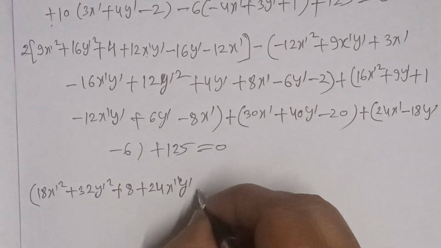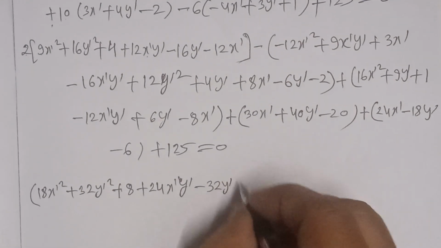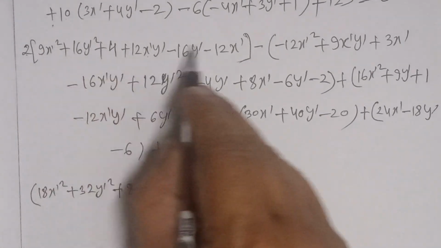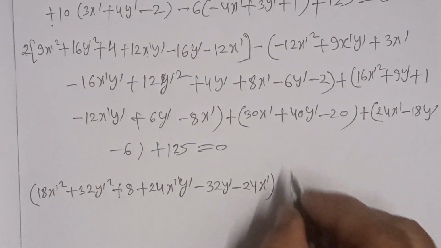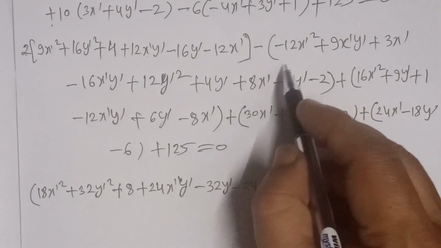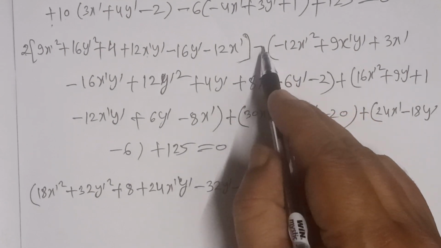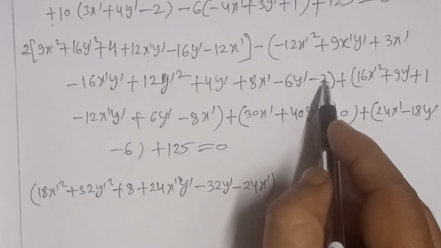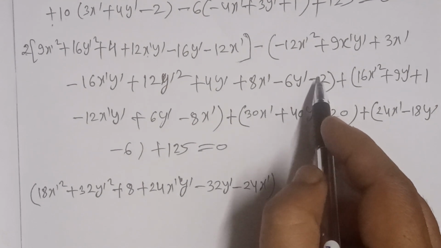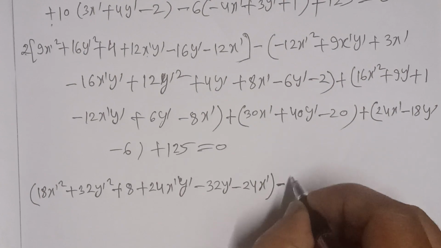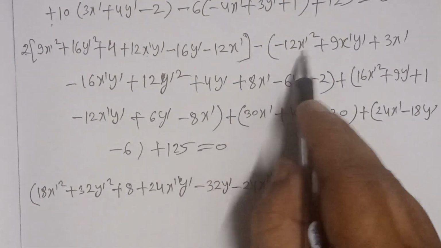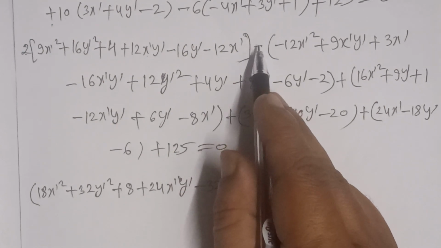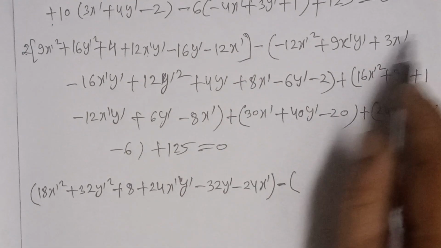To multiply to here, we get 32y' plus 24x'. Multiply to all these terms. And if we take this minus sign to this bracket, all signs will be changed. But I have another problem in this bracket, so I do not take minus in this bracket.